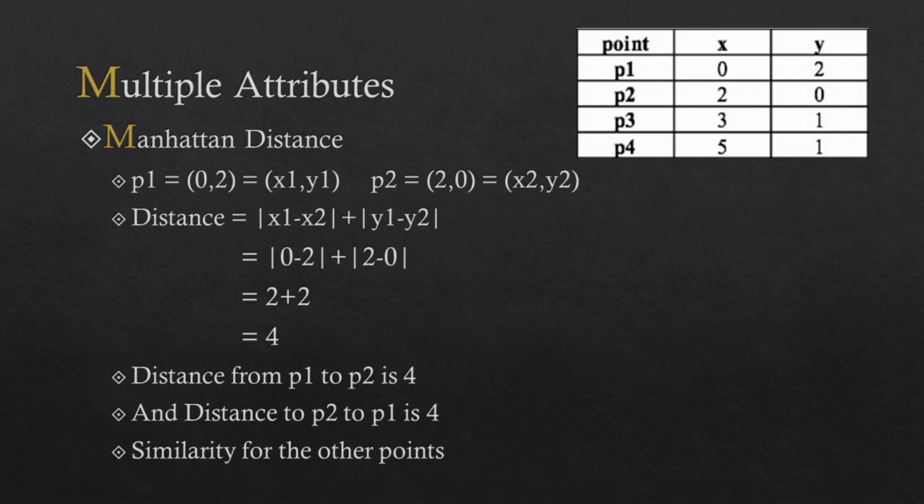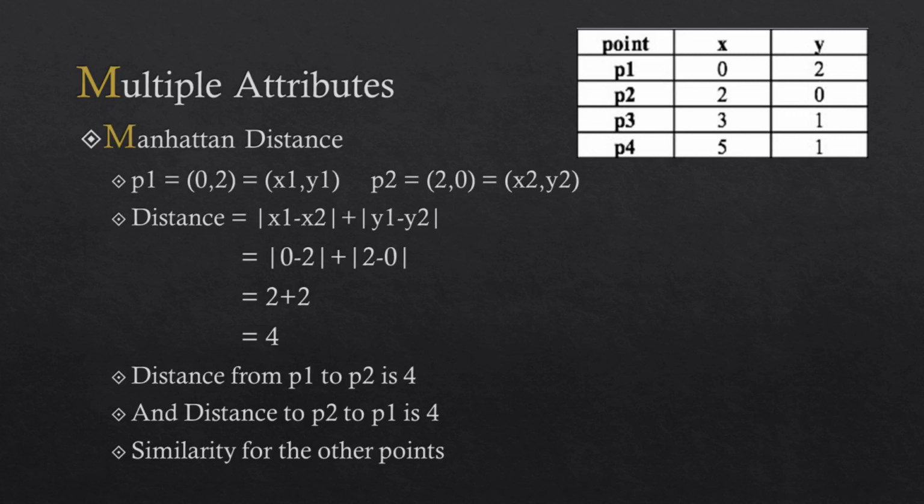Next is Manhattan distance. So to solve for the Manhattan distance, let us first look at the table above. In this table, it states in the first column all the points from point 1 to point 4. And in the next column is where we can see the possible values of the x, just like in the last column, which is the y.